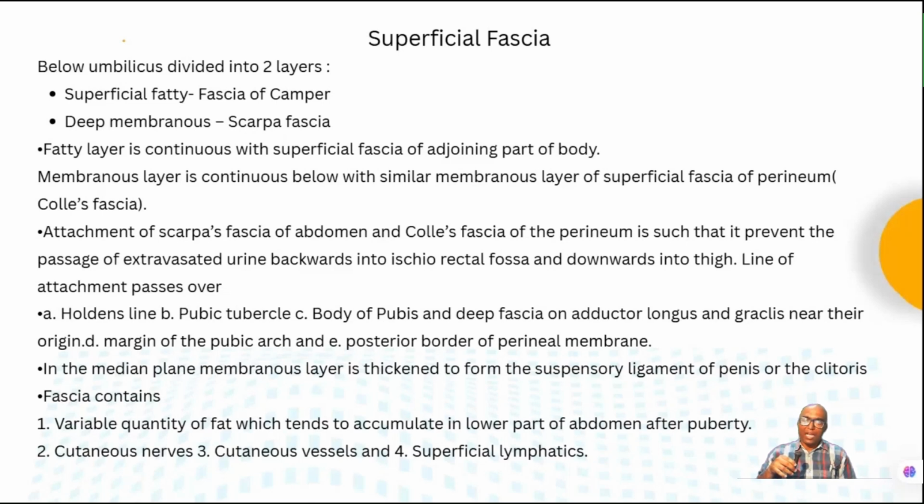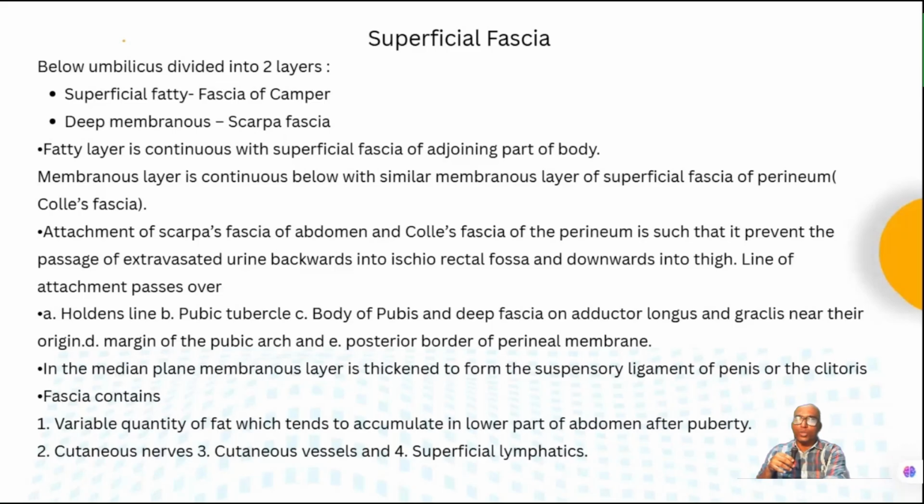This fascia contains a variable quantity of fat, which tends to accumulate in the lower part of the abdomen after puberty. It contains the cutaneous nerves, cutaneous vessels, and the superficial lymphatics. So that is the superficial fascia.